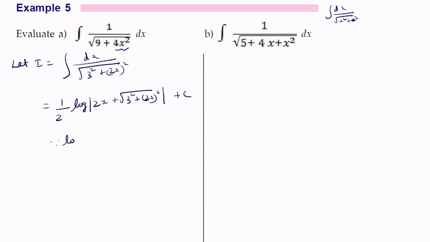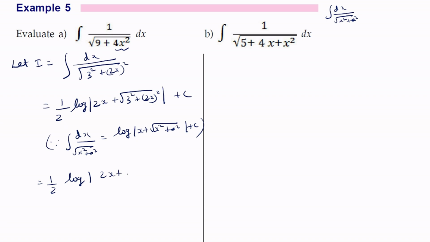This is because integral dx by root of x square plus a square is equal to log mod x plus root of x square plus a square plus c, using this standard result. So this is equal to half into log mod 2x plus root of 9 plus 4x square plus c. So this is the given integral.